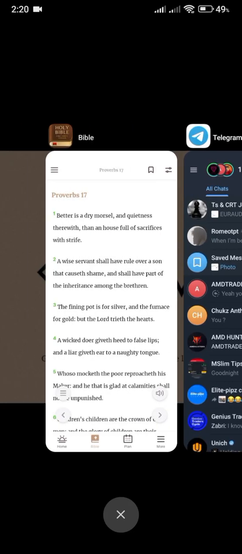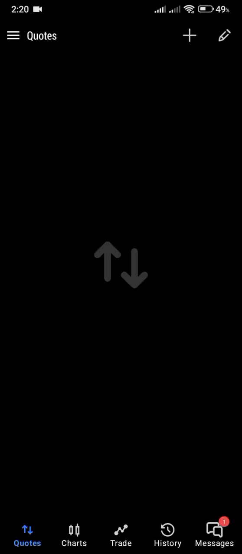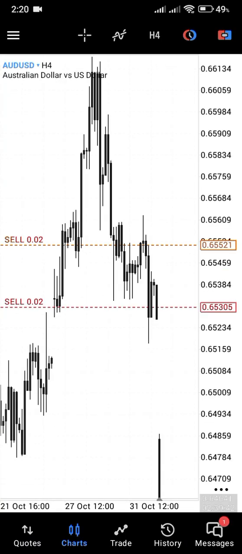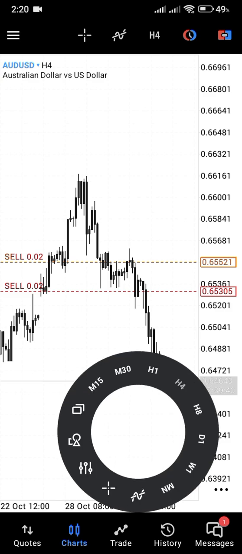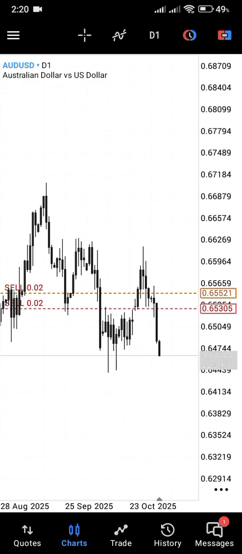So I can show you AD USD. This is the execution on the daily time frame, and you can see here I'm still on this trade.